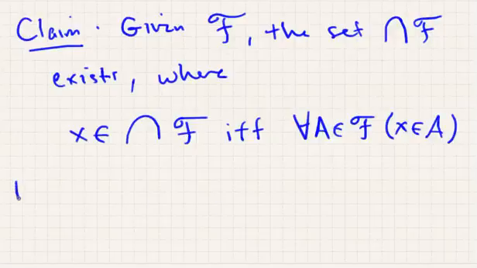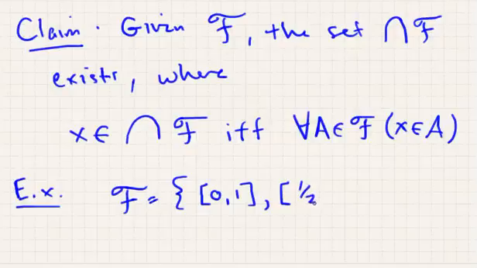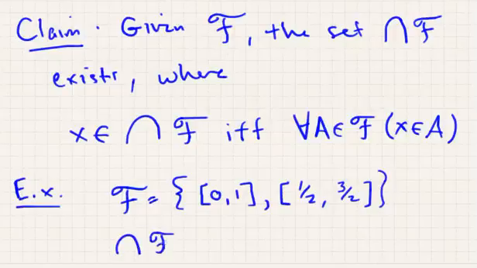So the example: if X is the set 0 to 1, the closed interval from 0 to 1, and then the other set is the interval from 1/2 to 3/2, then the intersection of F is going to be equal to 1/2 to 1, right?